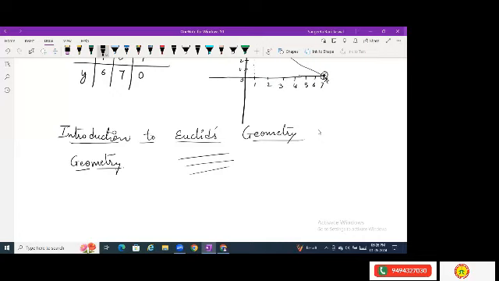And if you go into the ancient time, if you see the Indus Valley civilization, Harappa civilization, Mohenjo-daro civilization, you get to see those cities were so well planned in a geometrical way. If you see their planning, the city, the roads, their houses, they were all made so well.